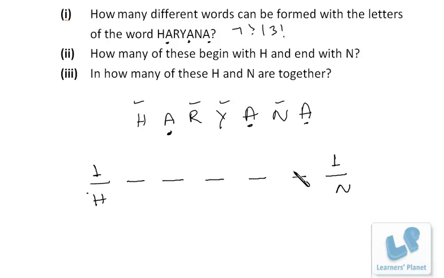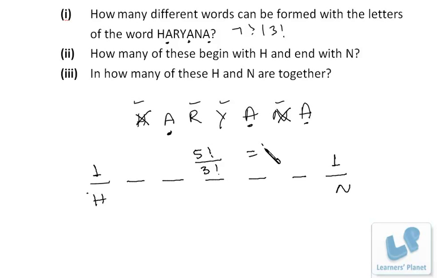Now we have 5 places and we have to fill up 5 letters, right? And the remaining letters are, I just cancel H and cancel N, right? So remaining letters are 1, 2, 3, 4, 5, right? So 5 places, 5 letters, they can be arranged in 5 factorial ways, obviously, and we will divide by the repetition, that is A is being repeated 3 times, so we will divide by 3 factorial, right?